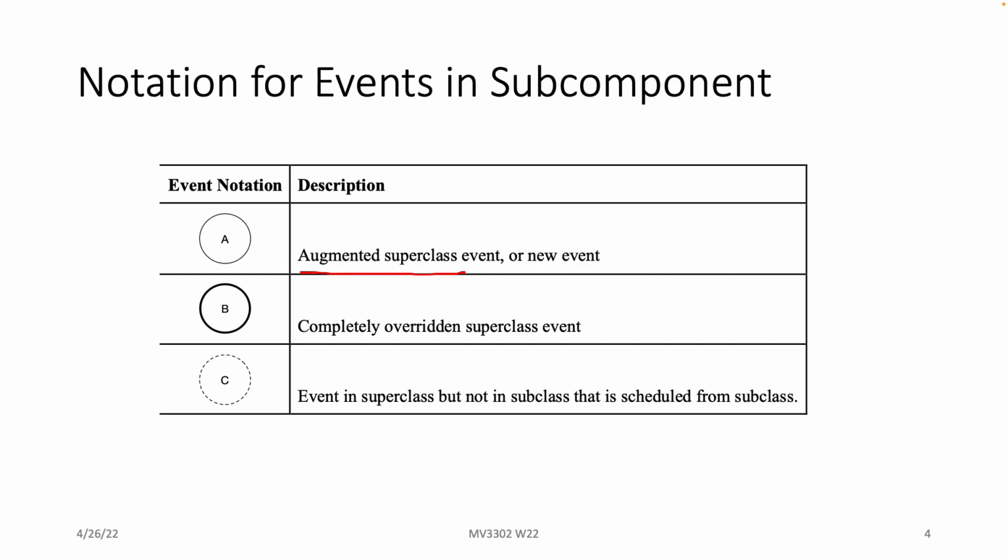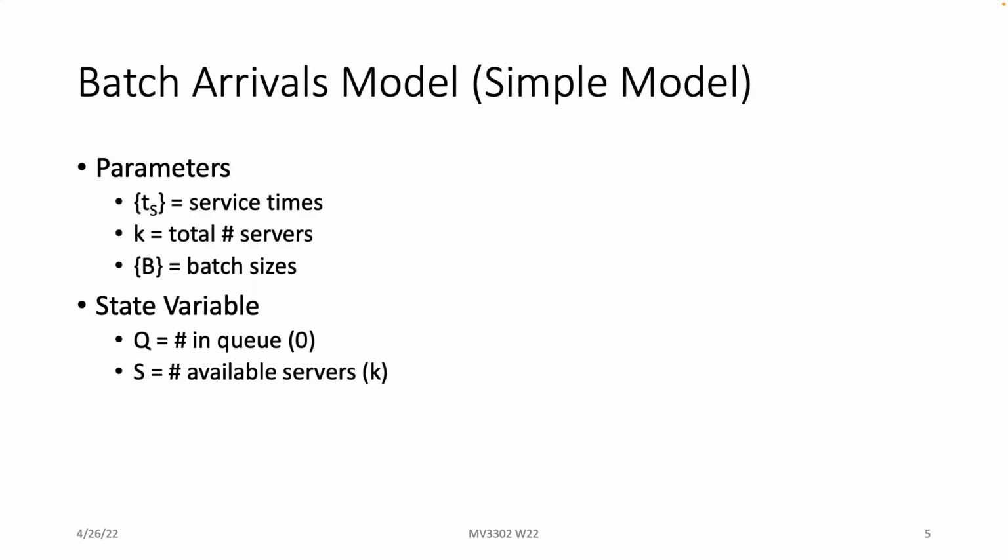Okay, so the example I'm going to use throughout is this batch arrivals model, and it's going to be a simple model. But we're going to componentize it. In other words, the problem I asked you to do, which was actually before we really delved into components and listening and all that, was a complete model. As a component, for these server type models, we will kind of abstract the stream of arrivals by basically taking that out.